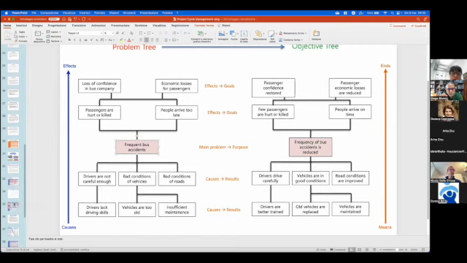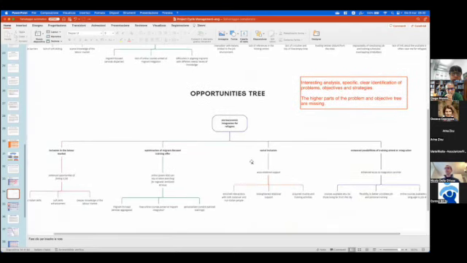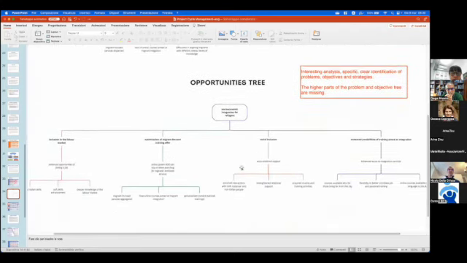Now, your way of doing it is okay, of course, because it's another way. But from the project point of view, from the logical framework point of view, it's more difficult to identify which is the specific problem that you want to address, because I can see one problem here.